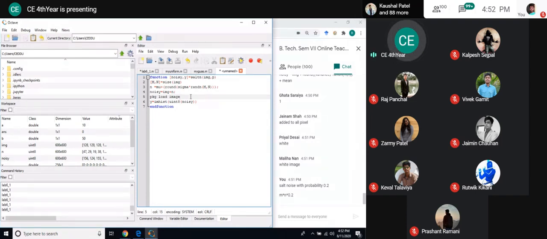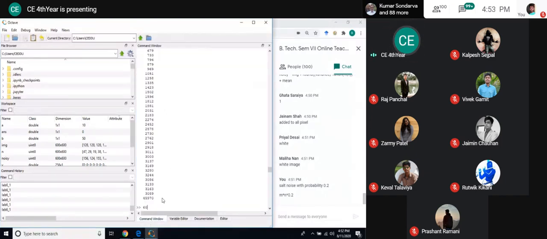Now what I want is that out of m cross n, a fraction p of pixels should be white. Suppose my image is 600 cross 600, then 600 cross 600 cross 0.2 gives 72,000 pixels that should be white.